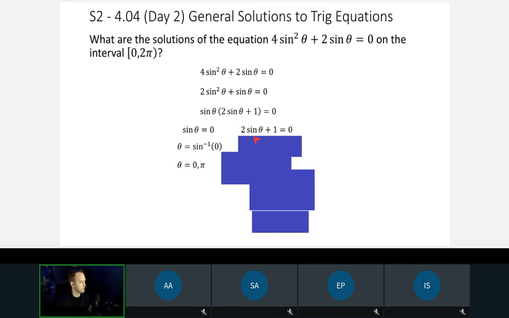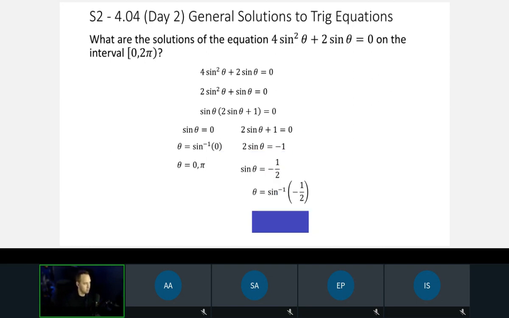All right, next, what did you get for this answer? What 2 answers? 7 pi over 6 and 11 pi over 6? I would agree with you. So you would subtract 1 from both sides, then divide by 2, then take the arc sine of both sides.